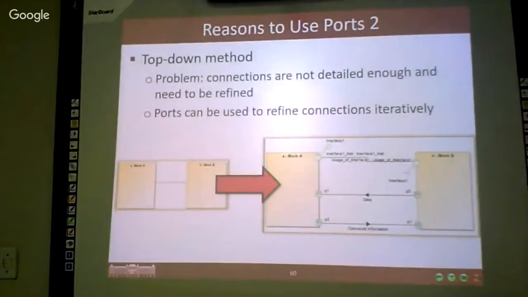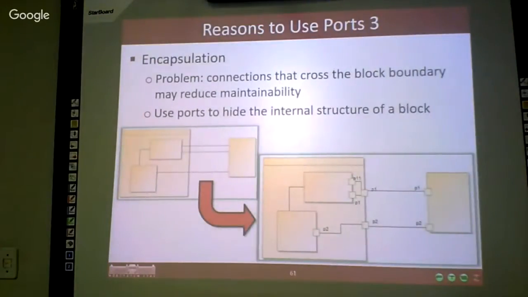In a top-down method, when you have defined a connection, but it is not detailed enough, and you want to refine it, you can use ports to refine this connection to represent our refined system design. I mentioned the problems of encapsulation.